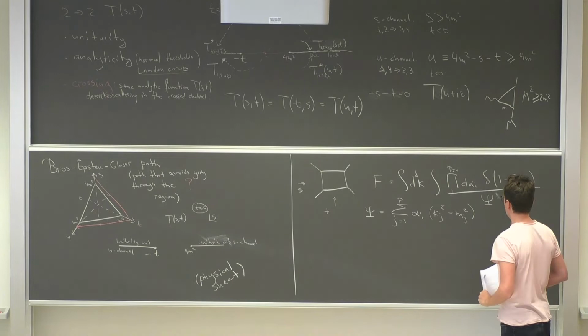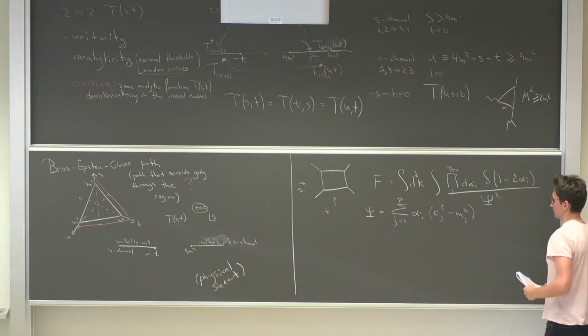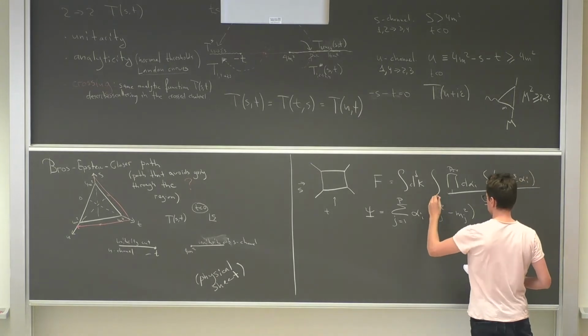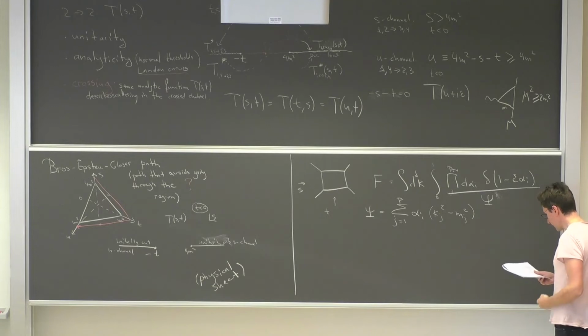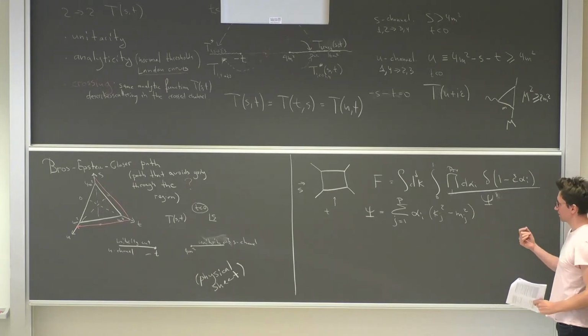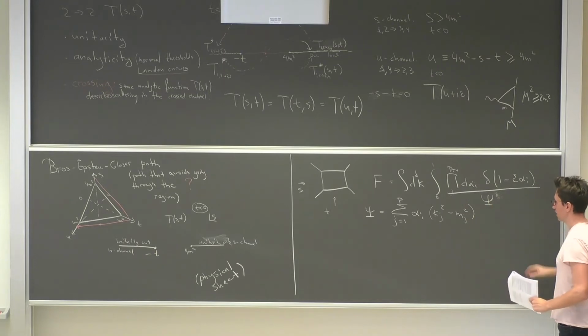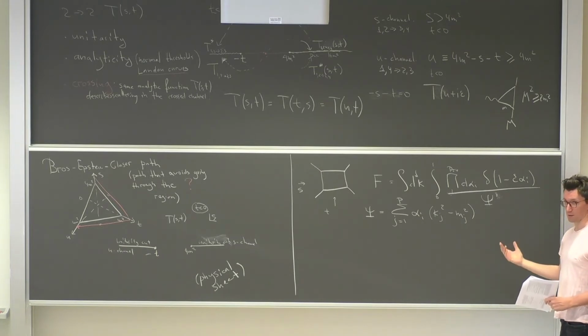Now, I talked last time that this integral is between 0 and 1. If we are interested in the analytic structure of this integral, we want to understand when it develops some kind of branch cut or singularity.